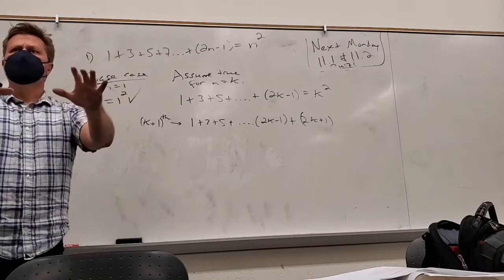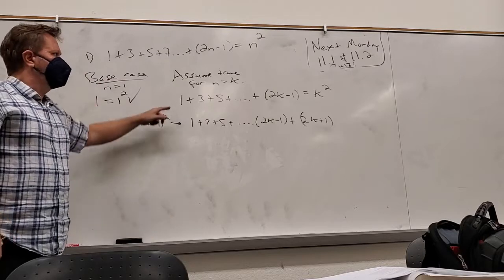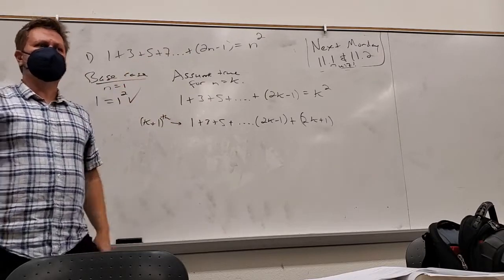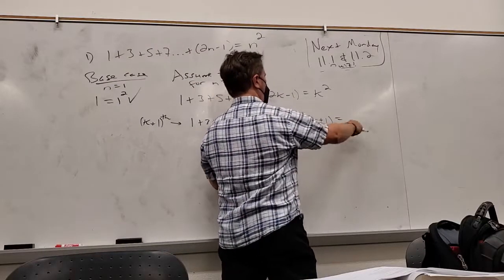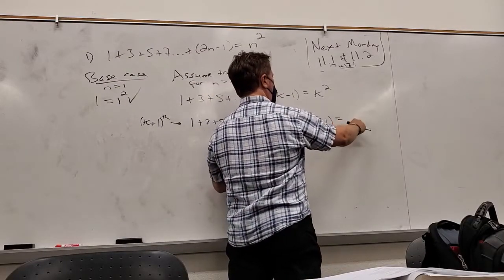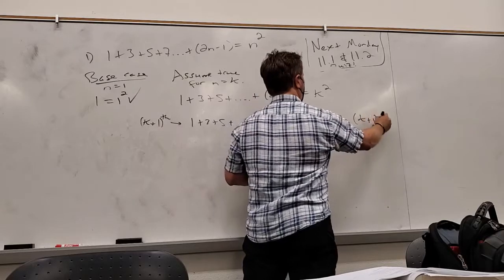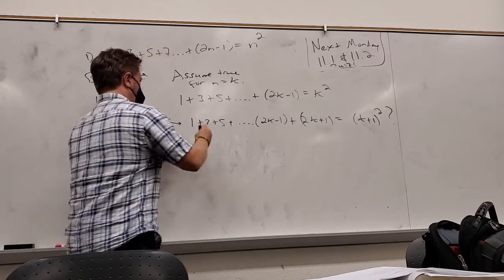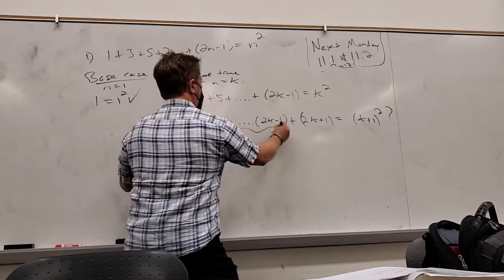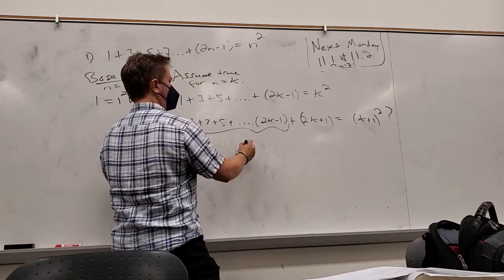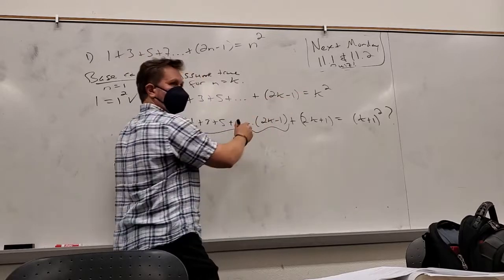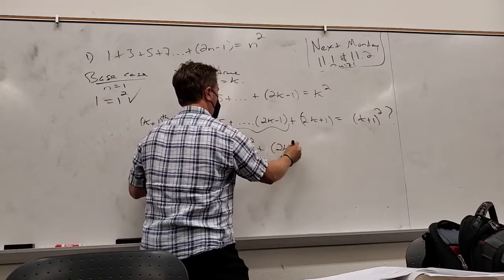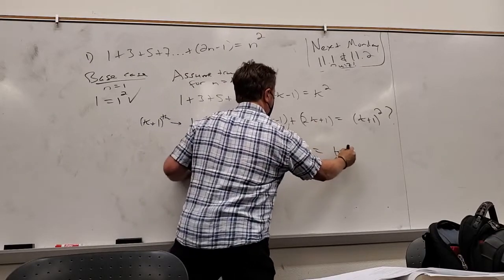You guys see that? So if this is true, then if I add the next thing, it should also be true, yes? So what is this side supposed to be then? K plus 1 squared. So here's the thing. What does all this equal? K squared. We know it's k squared, correct? So I have to show that k squared plus this equals this.